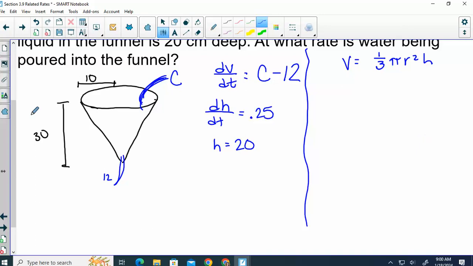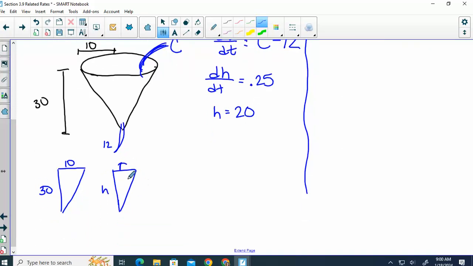All right, so let's go back to this one. We could think of this as a triangle. The height is 30, base is 10. So at any point, we could use similar triangles, right?